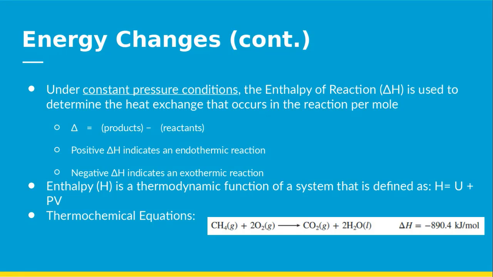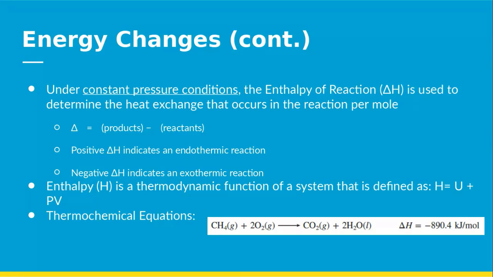So if we have higher enthalpy in our products than in our reactants, we're going to have an overall gain of energy, and that's going to become an endothermic reaction. Vice versa, an exothermic reaction is when the products have less enthalpy than the reactants. And that's why in exothermic reactions you have a lot of heat released, a lot of energy escaping.